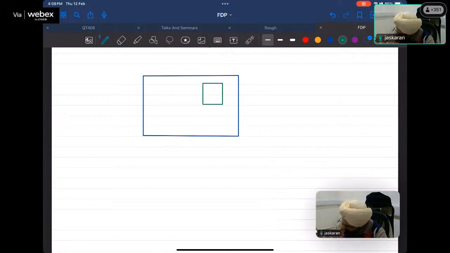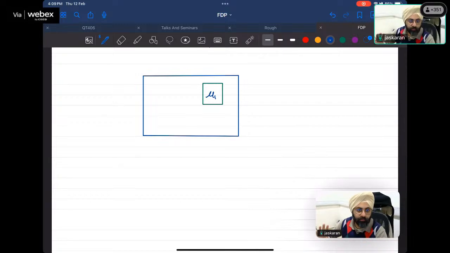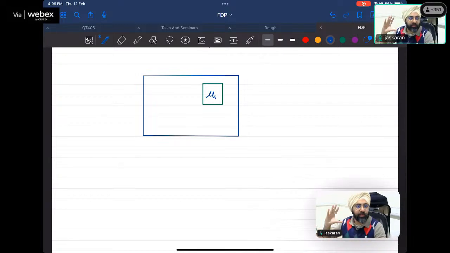This is black box one, which implements a measurement corresponding to a fixed setting mu1. Remember, we already had the settings fixed. Here the black box inside the bigger black box has a fixed setting. We cannot choose the setting. We have already fixed it.